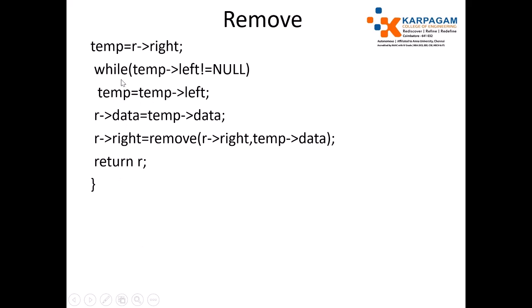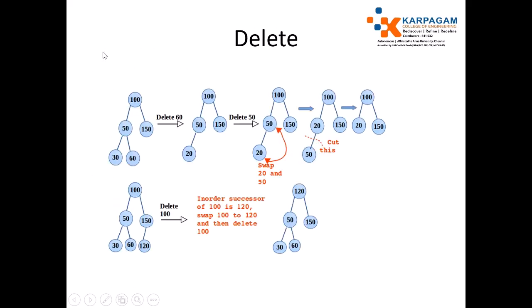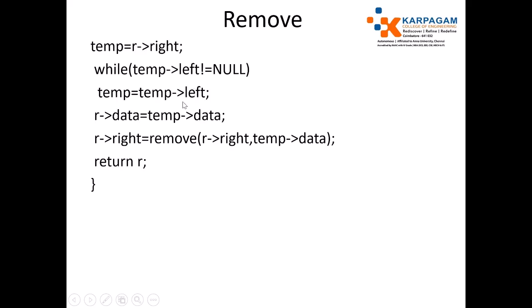For example, while temp of left not equal to null, go right by using temp, that is root node of right is stored in the temp variable. Okay, and you are going in depth to the leftmost end. Here we have only one time it will work. Here, using temp of left not equal to null, moving to the left end to obtain 120.